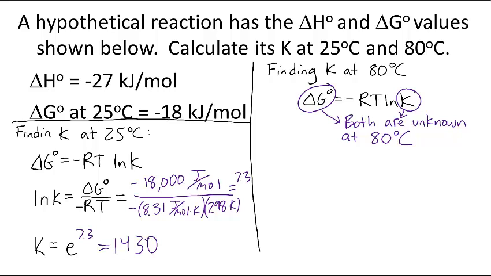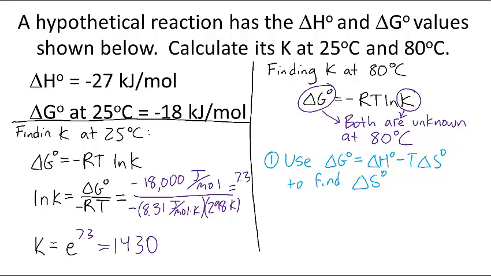So, I saw a lot of you took a three-step approach. What did you do first? Use the equation delta G naught equals delta H naught minus T delta S naught to find delta S naught.